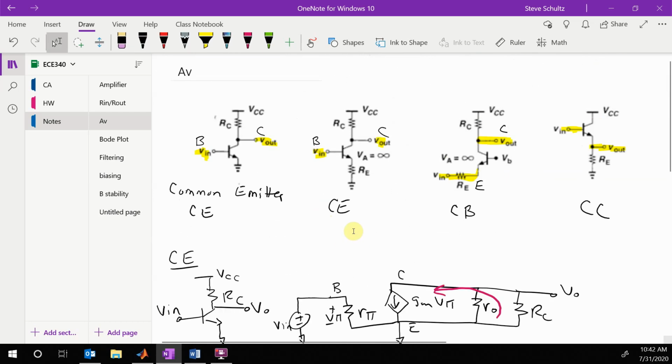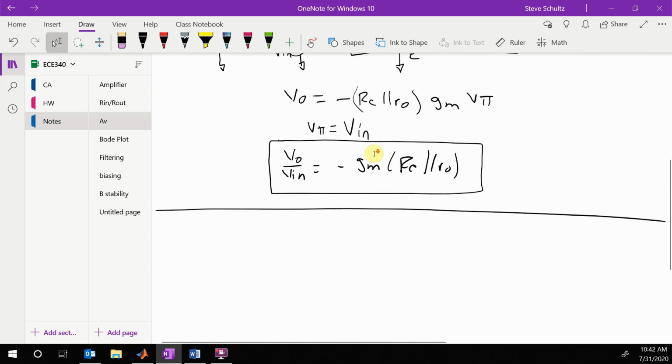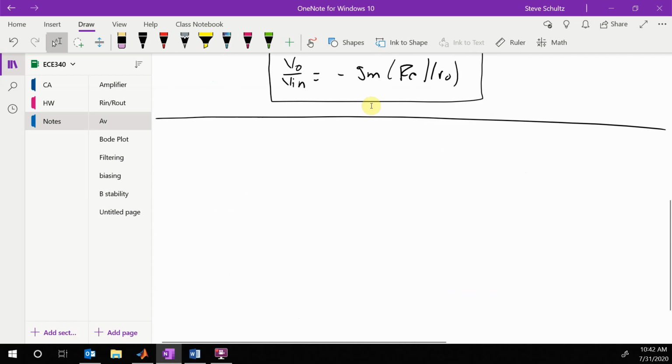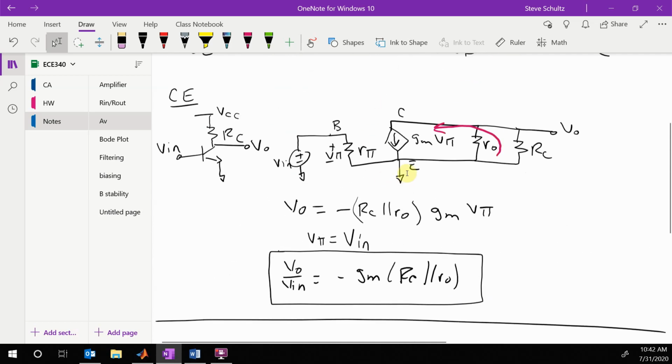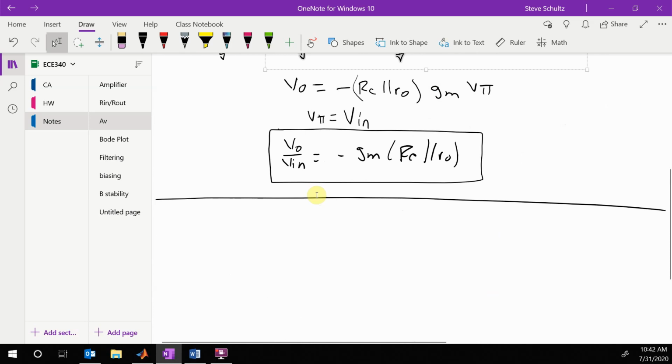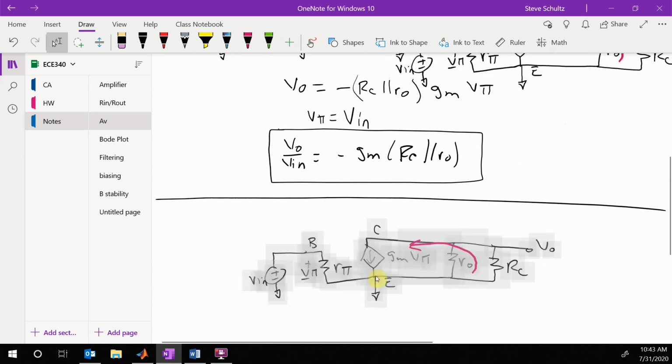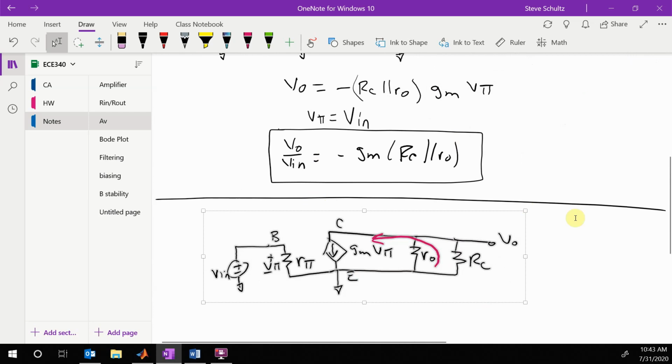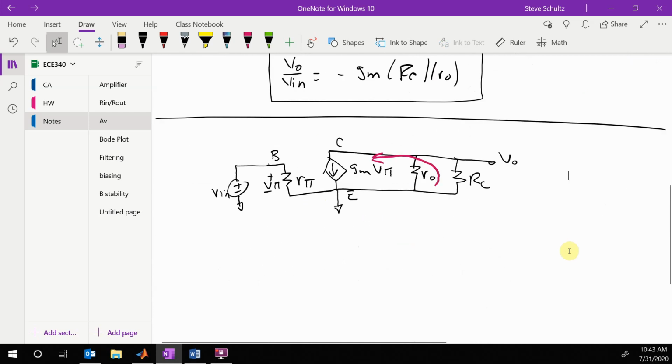Okay, now we're doing our common emitter with emitter degeneration, and that's going to be very similar, except now we're going to have a resistor down here. So if I just grab all of this, and we are going to come in here. The only difference is now we have an emitter resistor down here, which is called RE.